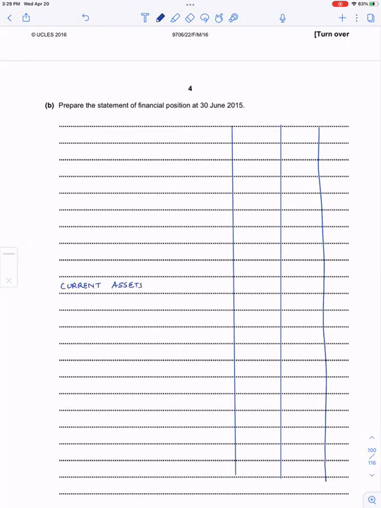In current assets, what do we show? We will have closing inventory. Then I will have trade receivables. From trade receivable, I will subtract the new bad debts and new RDD.